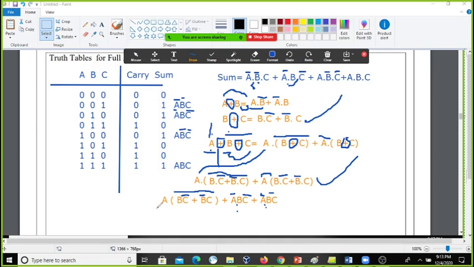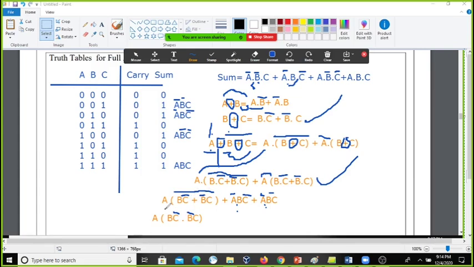Then we can apply De Morgan's law for the first part. When you apply De Morgan's law for the first part, you get A bracket BC, addition becomes multiplication. I don't write the other part because we have proved that the other two are equal. Then here we have BC bar and B bar C, and this bar will be separated.